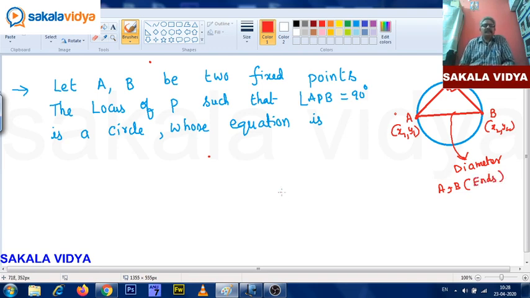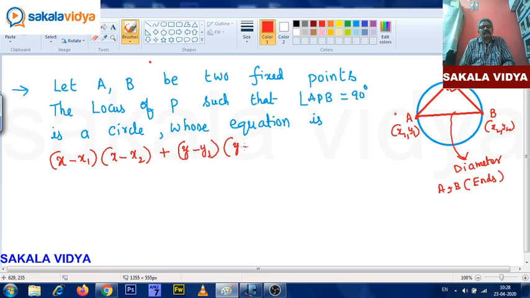Then the equation is given by (x minus x1)(x minus x2) plus (y minus y1)(y minus y2) equals 0.